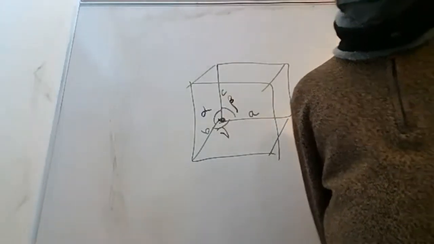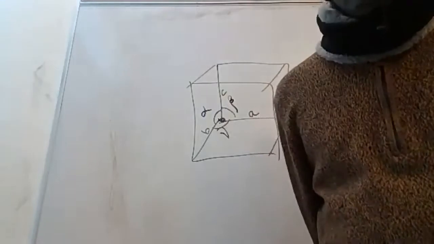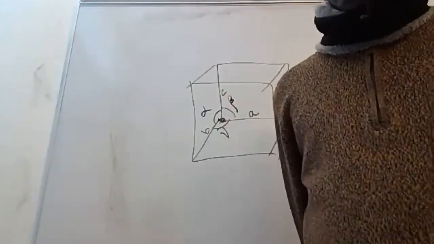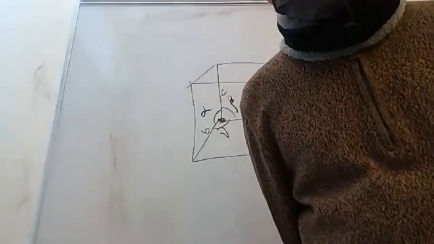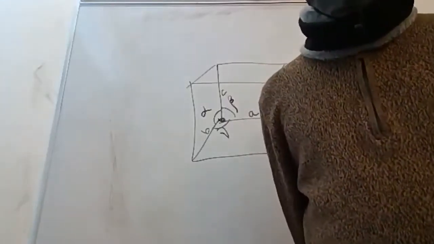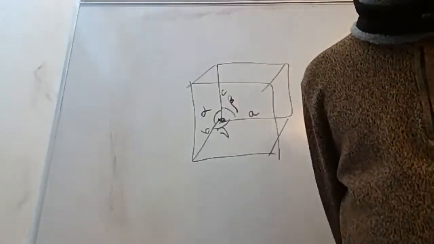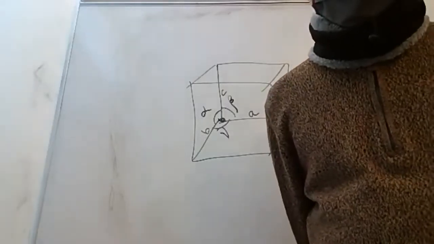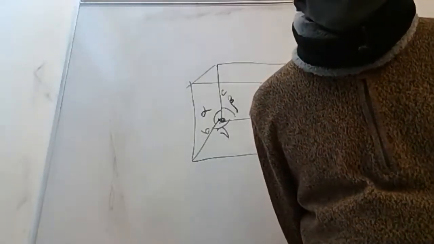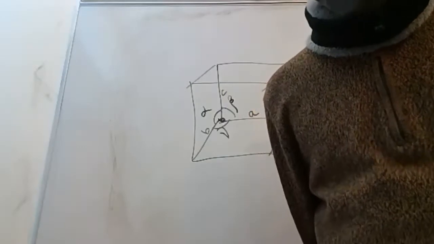So in a parallelepiped, you can have different A's, different B's, different C's, different alphas, betas, and gammas. Depending on those values, we will have a maximum of 7 crystallographic systems.